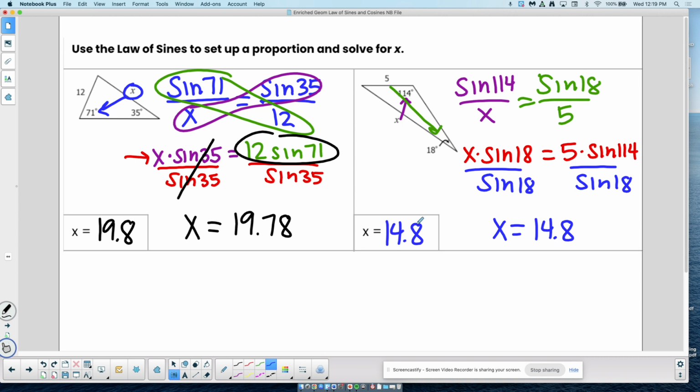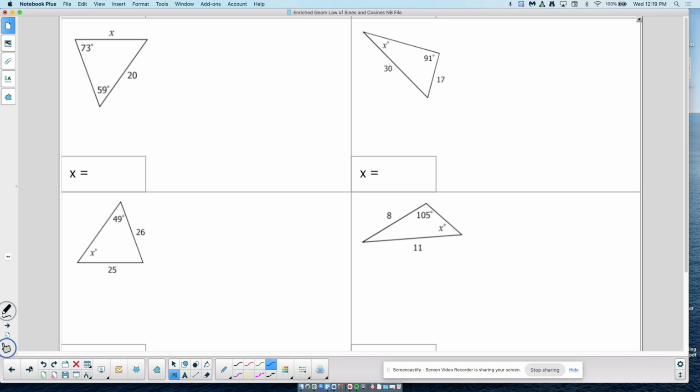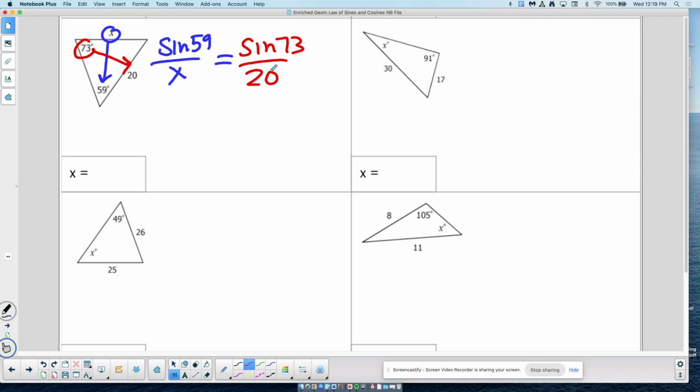Okay, one more for good luck on finding missing sides, and we'll try some missing angle measures, all right? So same setup here. Looking for x, that's across from angle 59. So sine 59 over x is equal to sine 73, which is across from 20. We'll cross multiply.